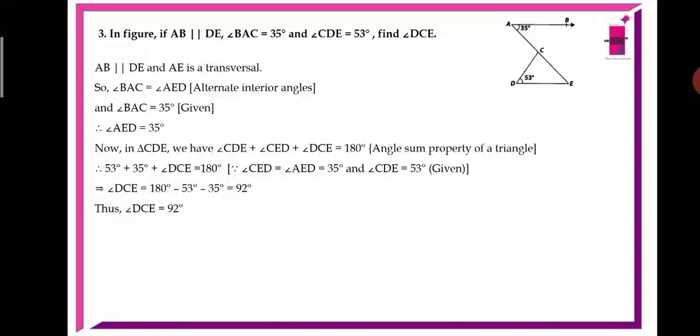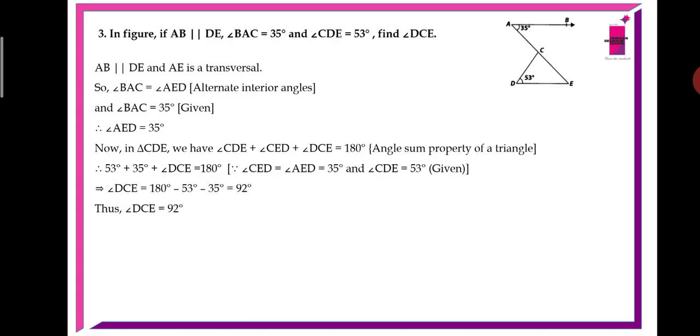So angle CDE is given as 53 degrees, and angle CED is nothing but AED only. CE is a part of AE, so it is 35 degrees.